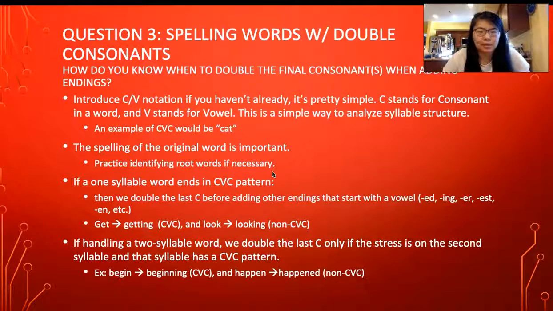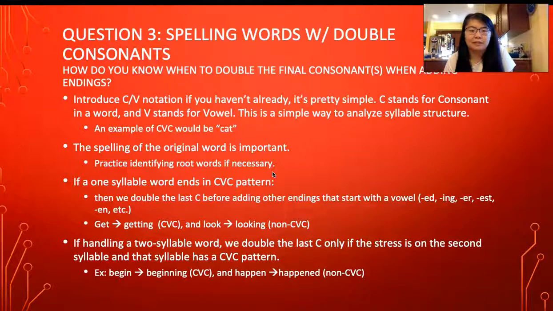So then we double the last consonant, like E-D, I-N-G, E-R, E-S-T, E-N endings. So an example is get, which changes to getting, G-E-T-T-I-N-G, not G-E-T-I-N-G.